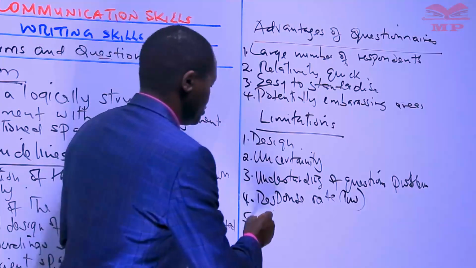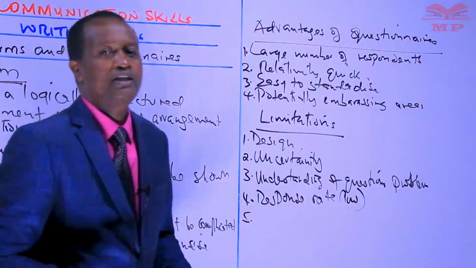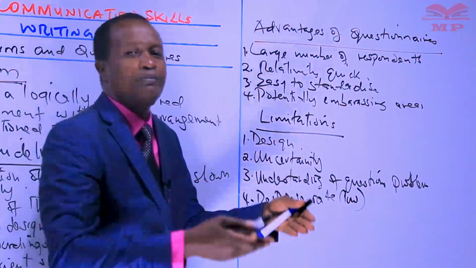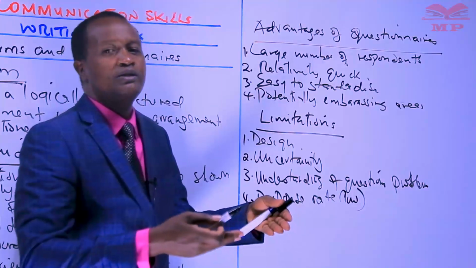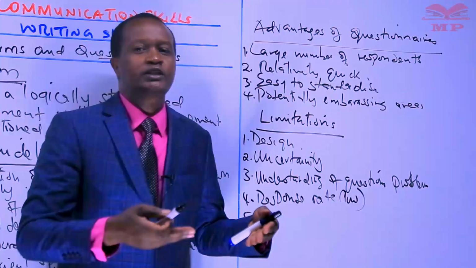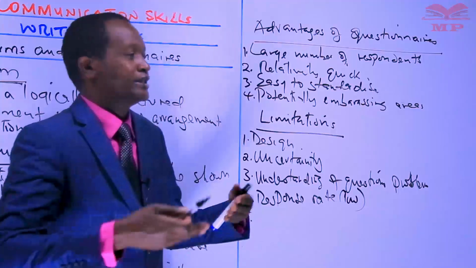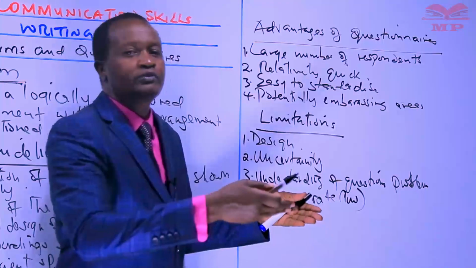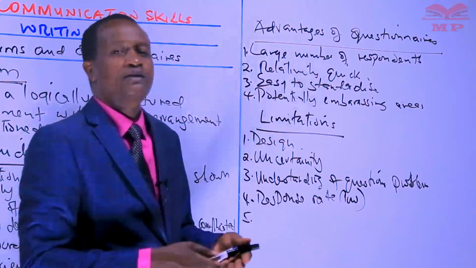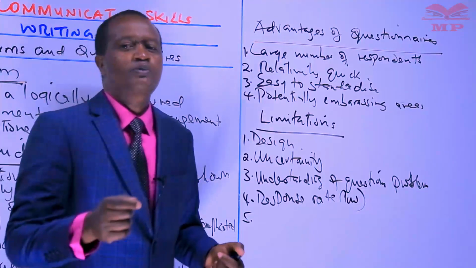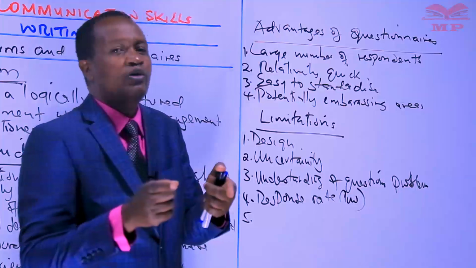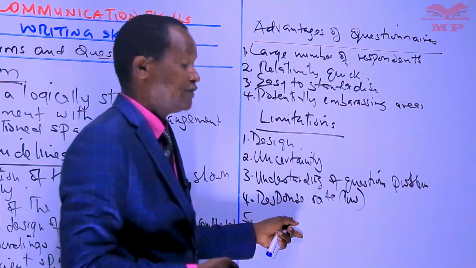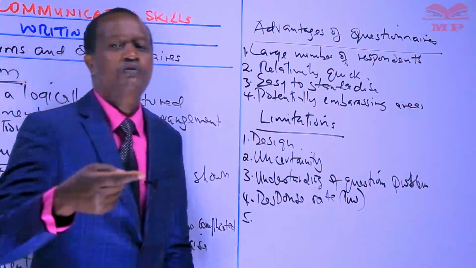The fifth limitation of using questionnaires is that there is a problem of self-selecting sample, which is particularly apparent in relation to questionnaires. All right, self-selecting sample. Now, when the response rate is very low, the responses received may only be the opinions of the very highly motivated section of the sample.